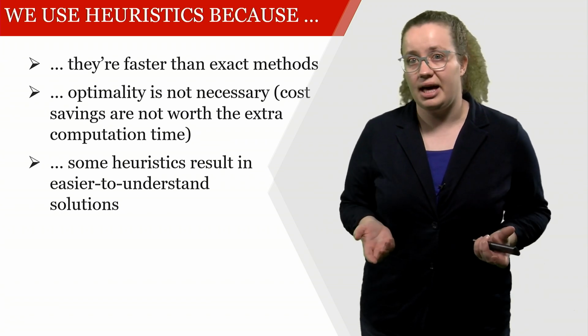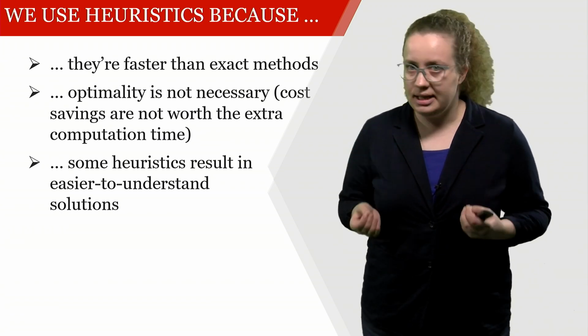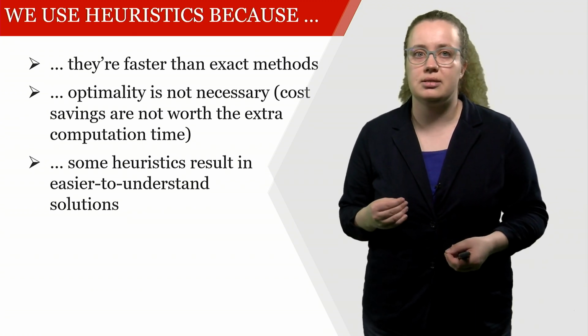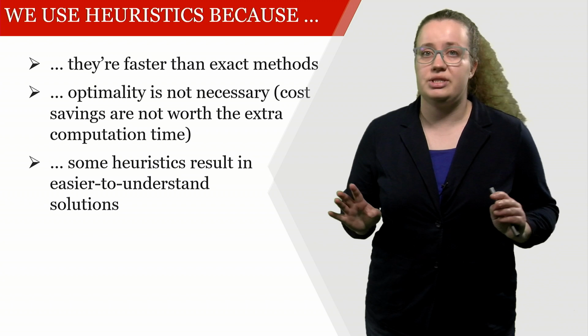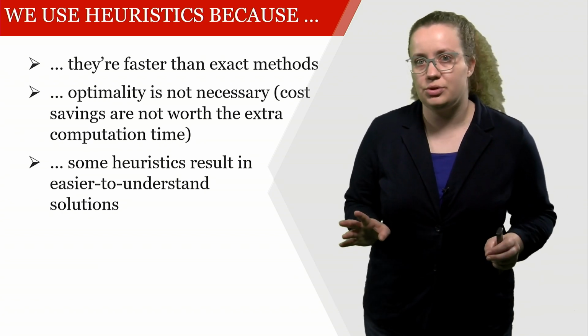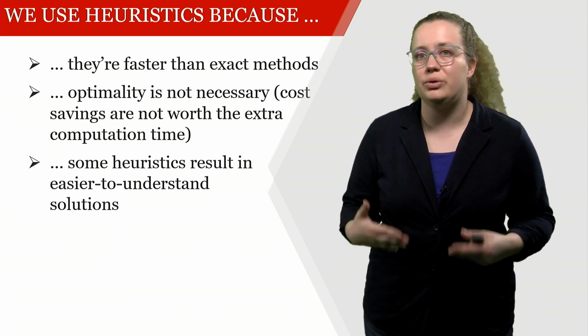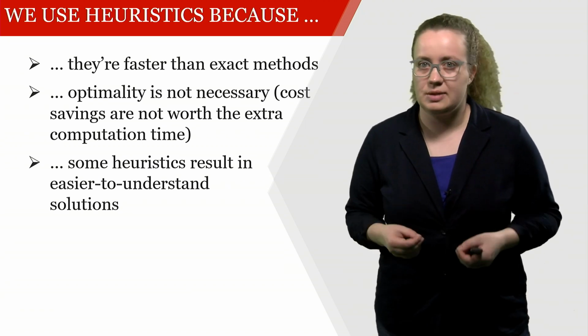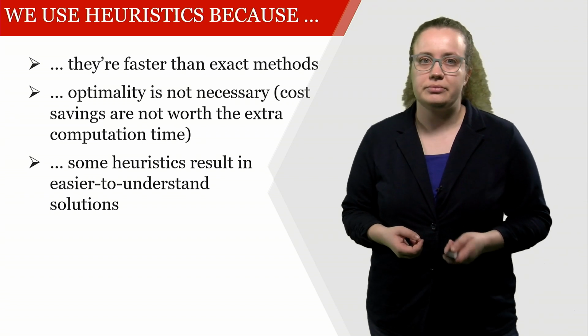But on the other hand, heuristics, and in particular the drop heuristic, result in easier to understand solutions. Some other heuristics result in solutions that you really can't interpret, but the drop heuristic is very good at coming up with solutions that you can quite easily explain to practitioners.